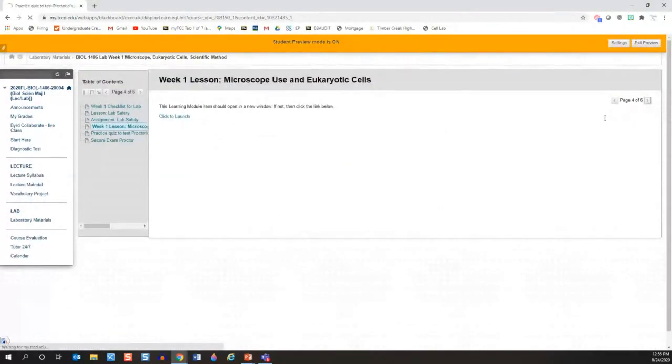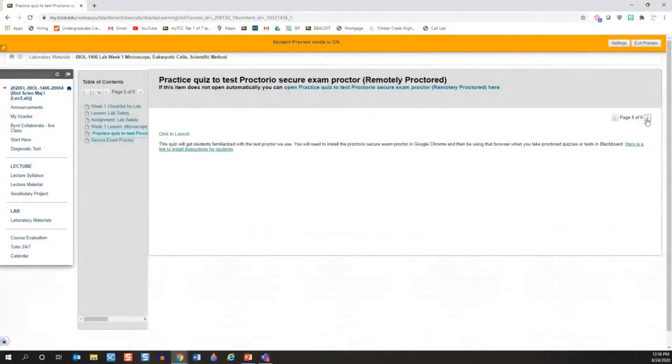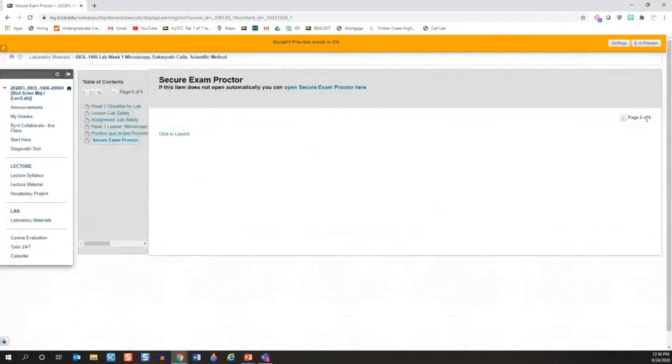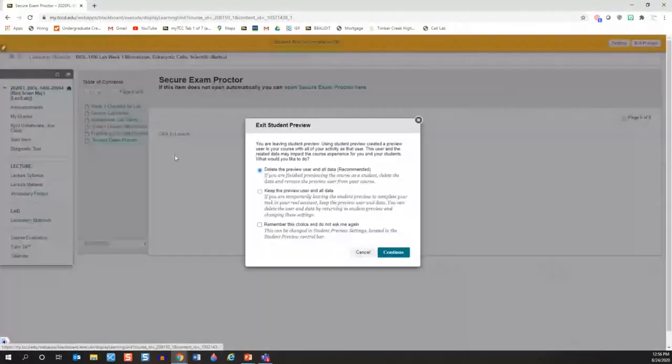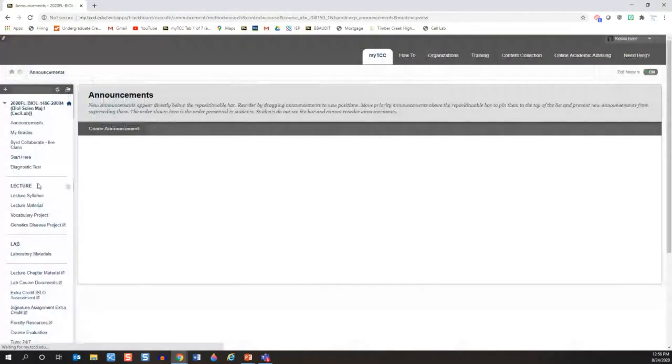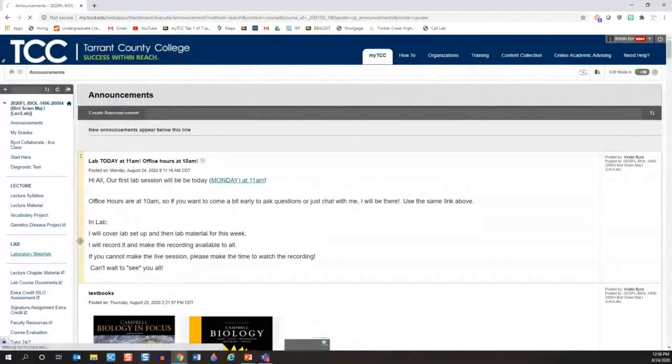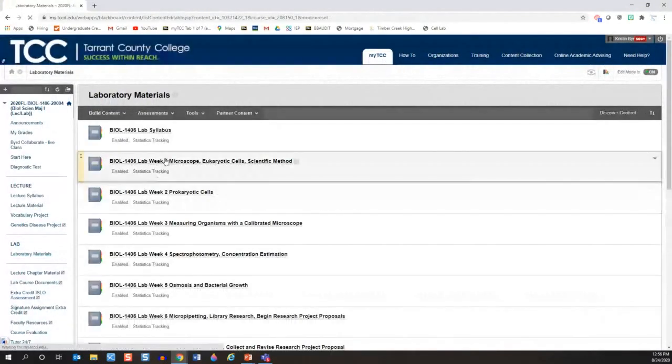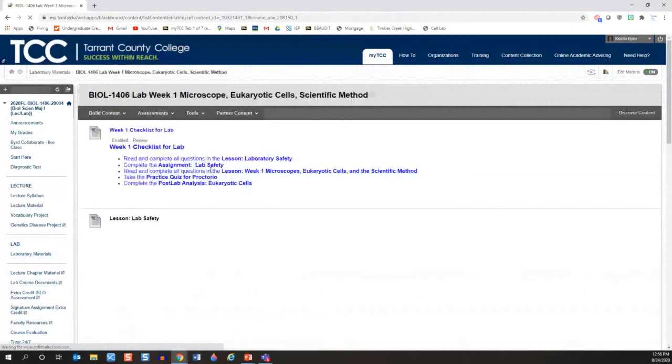Let's see though. Practice quiz. You're right, it doesn't look like it's there. So let me see if I can figure out how to get it there. I will make sure it's there. Let's see. Maybe it's just hidden.